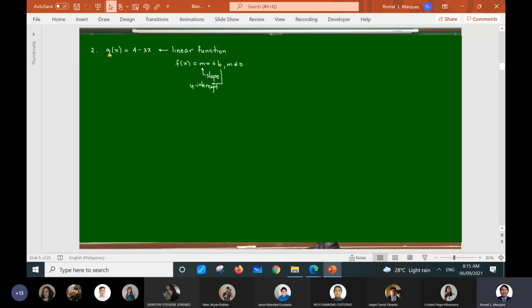To be able to draw the graph of this, we're going to prepare a table of values. Actually, two values of x are enough to get two ordered pairs, no? The graph of a linear function is a straight, slant line.